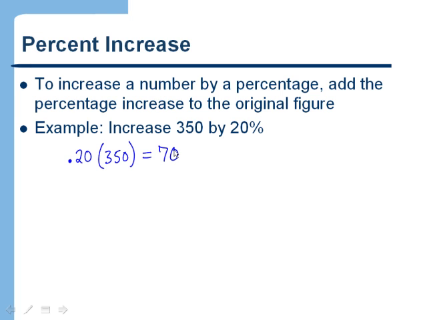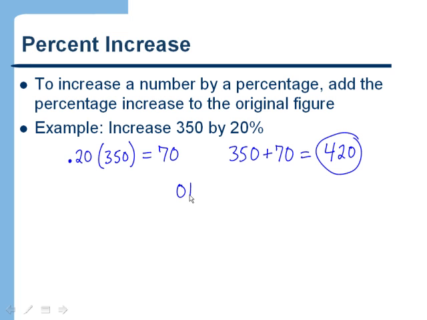So now to find out the answer, I take the original figure, 350, and add on 70. And so if I increase 350 by 20%, what I end up with is 420.